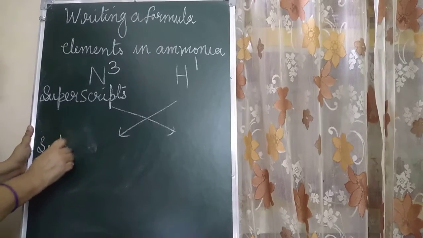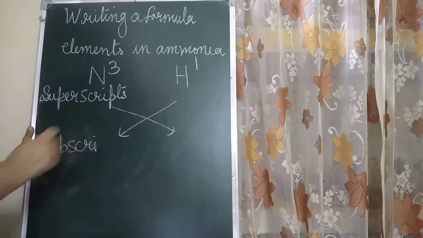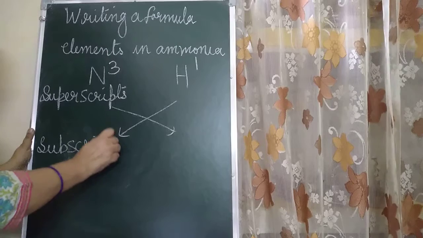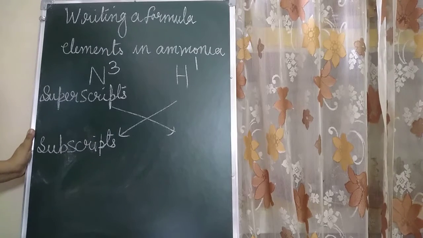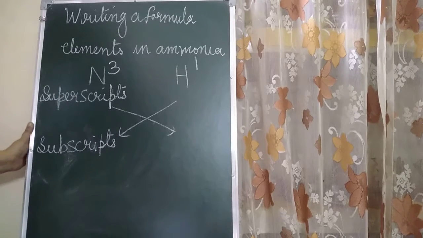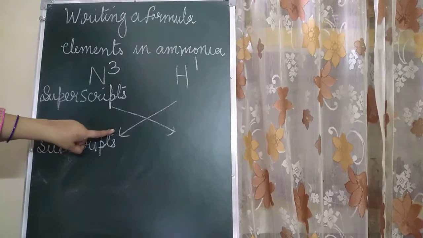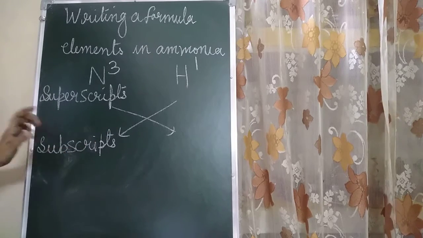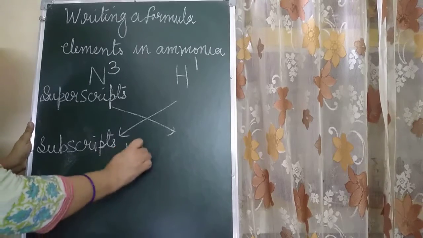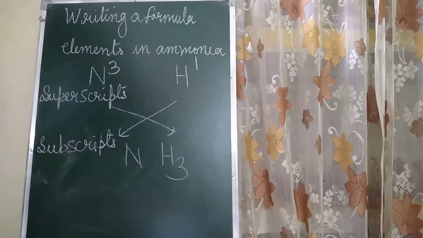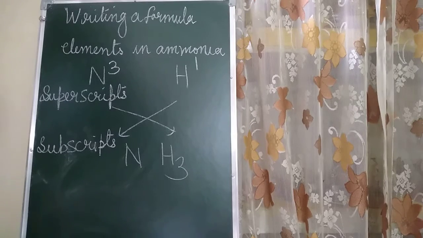Now write at the base as what, children? As subscripts. This is the interchanging of the valency and writing them as subscripts. We get the formula NH3. This is the way we write the formula, children.